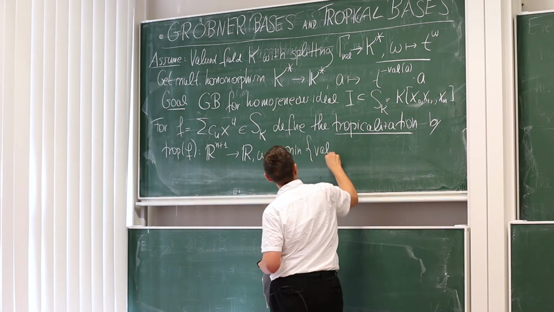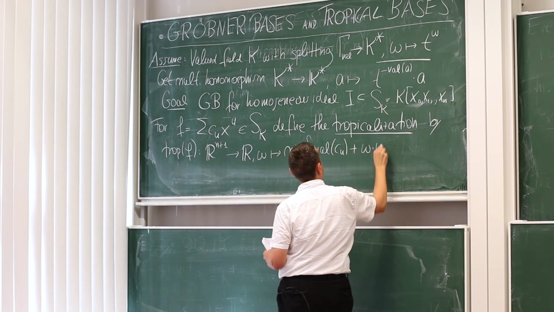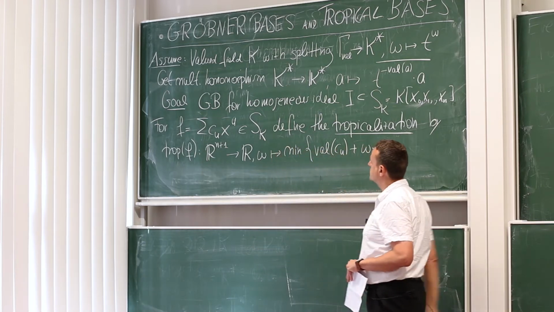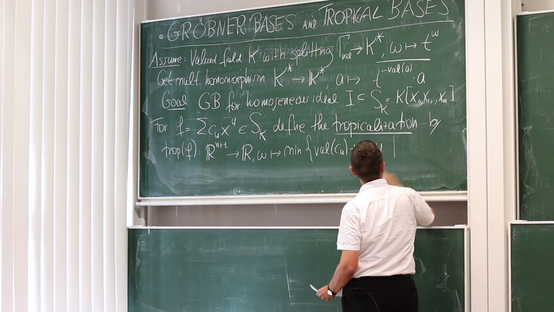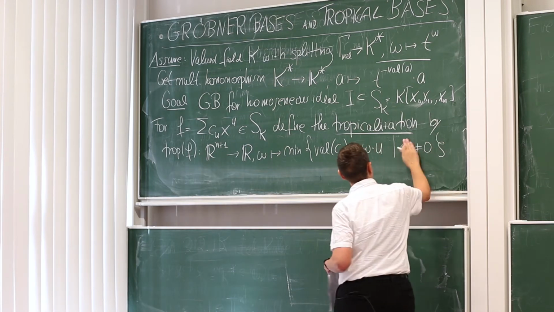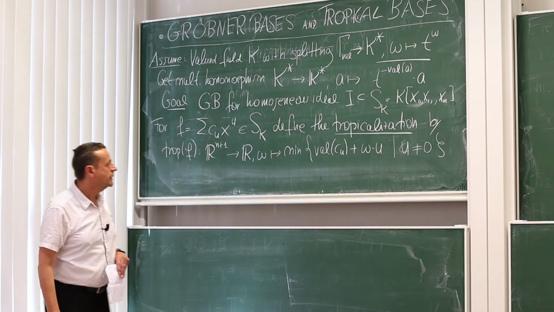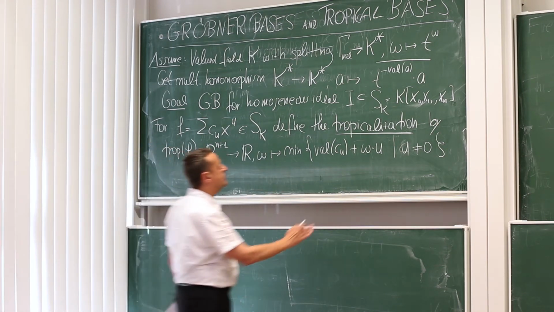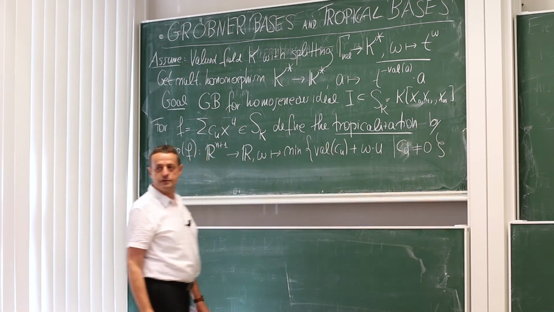So the coefficient gets replaced by its valuation, and then w dot u, that's the linear form coming from the monomial. And then this minimum is over all u such that c_u is non-zero, that is to say, all terms that actually appear.